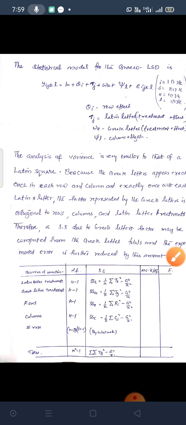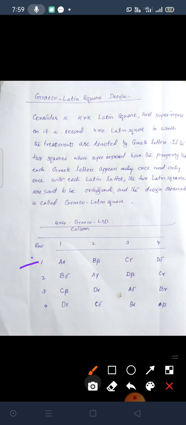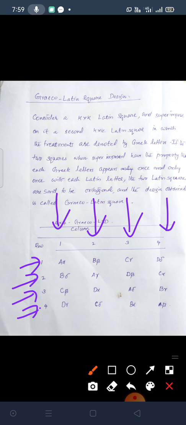So, you have to find row totals as in the case of Latin square, column totals as in the case of Latin square, and treatment totals. So, treatment totals: consider A, then the value of A in this cell, and in this cell, then A here, A here, A here.